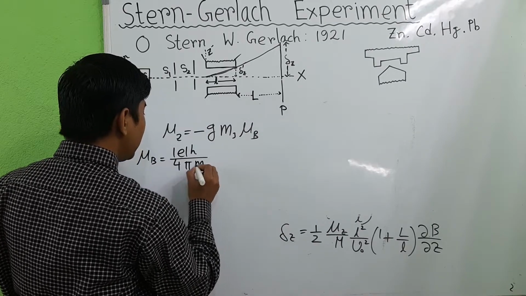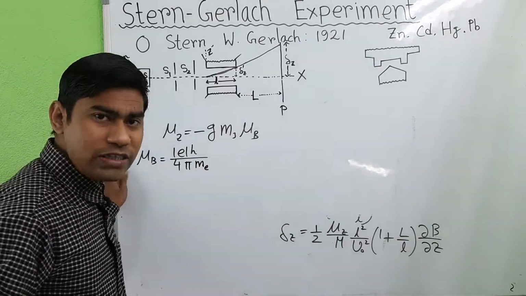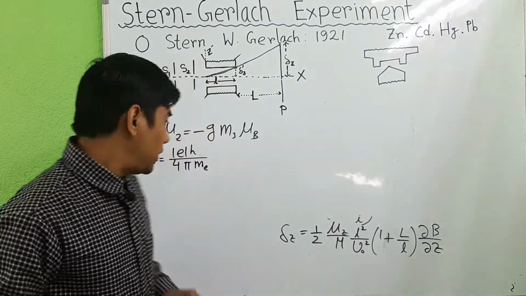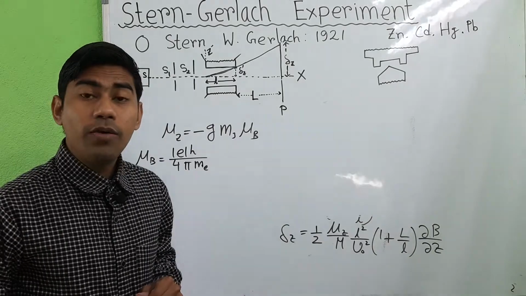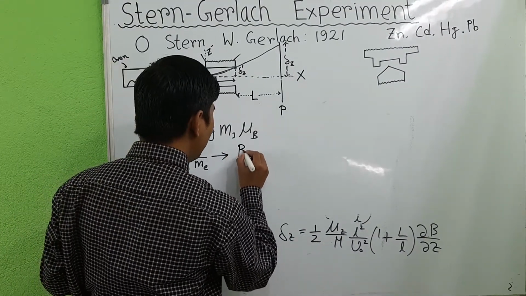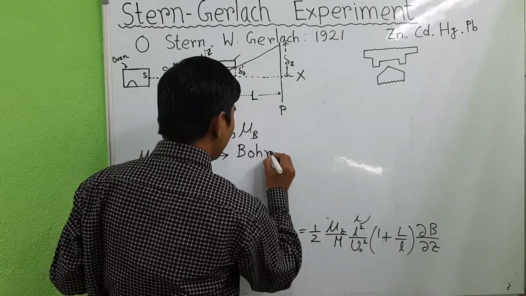Here h is Planck's constant and me is the mass of the electron. mu B is called the Bohr magneton.